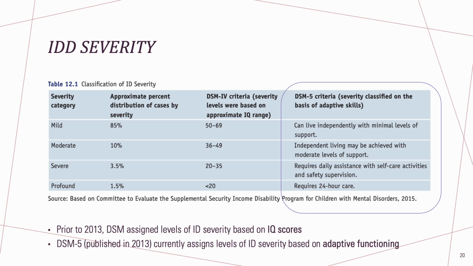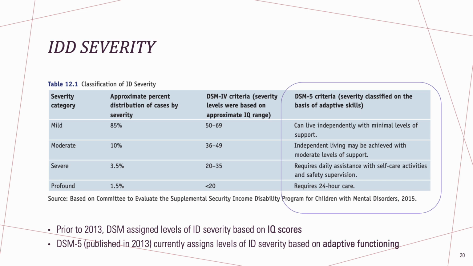At the moderate level, we might see someone where independent living can be achieved, but with moderate levels of support. In the severe range, we might see an individual that requires daily assistance with self-care activities and safety supervision. And then at the profound intellectual disability severity level, we have someone who would require 24-hour care, so really unable to take care of themselves.